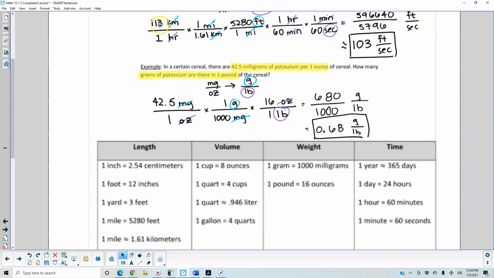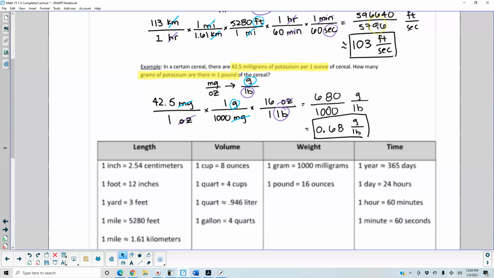So now if we multiply 113 times 1 times 5,280 times 1, and that gives us a unit of feet, we get 596,640 feet in the numerator. In the denominator, we're going to take 1, multiply that by 1.61 times 1 times 60 times 60, which gives us 5,796 seconds.